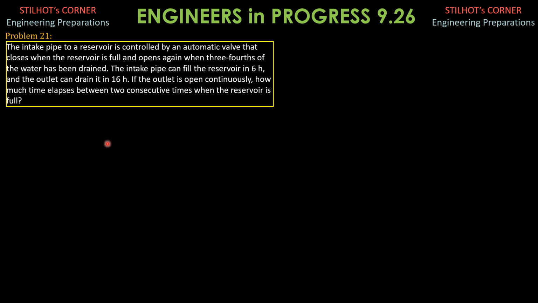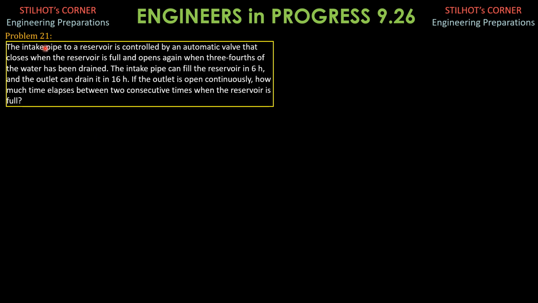Let's consider first the starting point where the reservoir is full and the outlet pipe drains the reservoir. We will call the time it will take the outlet pipe to drain three-fourths of the content of the reservoir T sub 1. Then, when three-fourths of the content is drained, the intake pipe will automatically open.